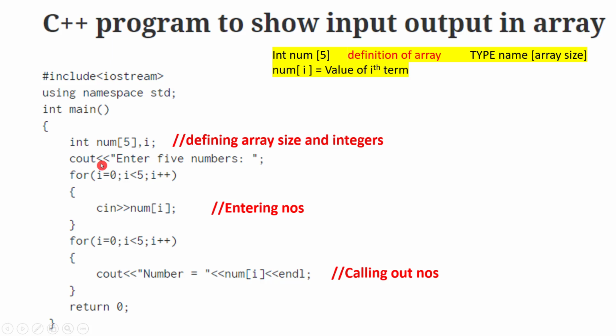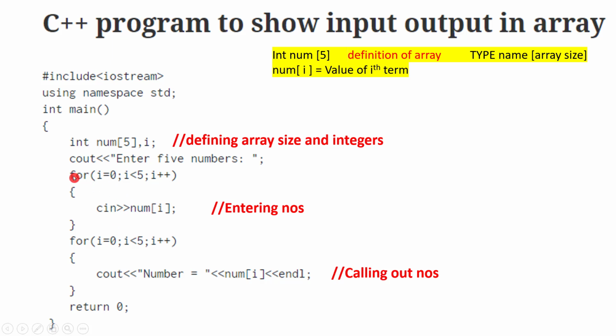So the next line, cout, enter 5 numbers. So this will be visible in the monitor. There is a procedure to input the values. You can't enter at a stretch. So for that we are using this for loop.